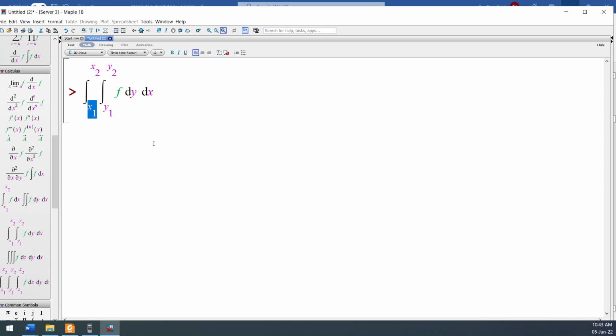Want to integrate what? x from 0 to 1, y from 1 to 2.